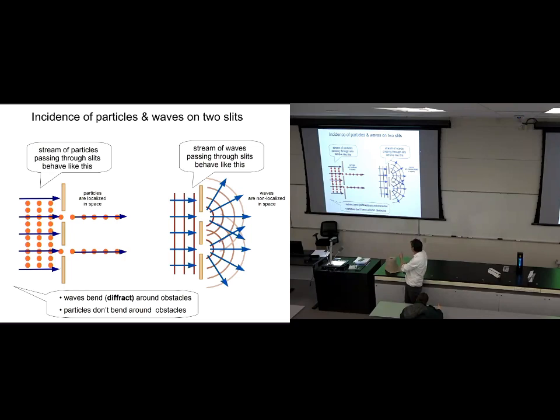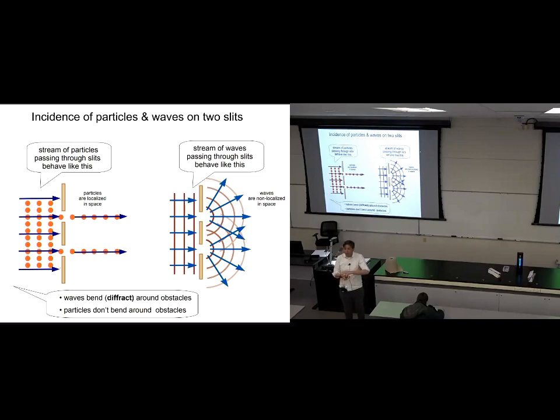So you see these spherical or curved or circular wavefronts emerging from the slits. So that's a big difference: particles that pass through the apertures in the barrier just pass straight through, they don't bend, while waves, when they strike the barrier, the portions that pass through do bend as they emerge from the aperture.